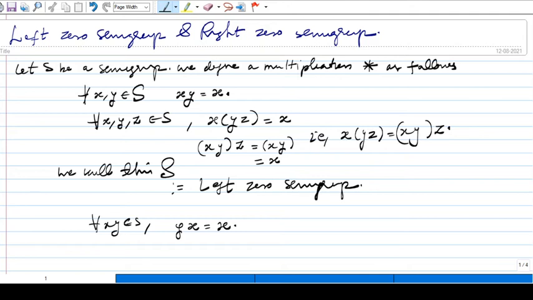It is a similar definition to that of a 0 element. You can also check that this is associative in the same manner, so this is a semigroup. We call it a right 0 semigroup.